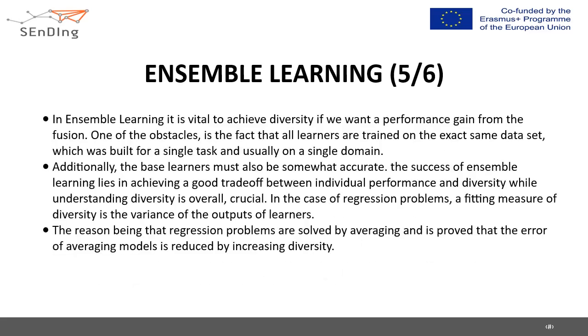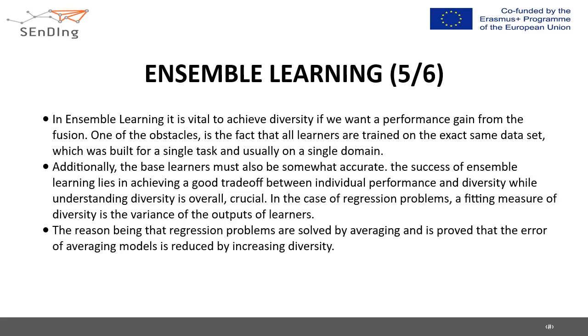In ensemble learning, it is vital to achieve diversity if we want a performance gain from the fusion. One of the obstacles is the fact that all learners are trained on the exact same data set, which was built for a single task and usually on a single domain. Additionally, the Bayes learners must also be somewhat accurate.